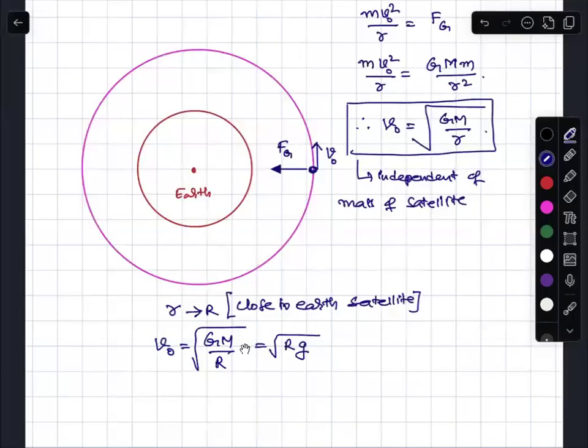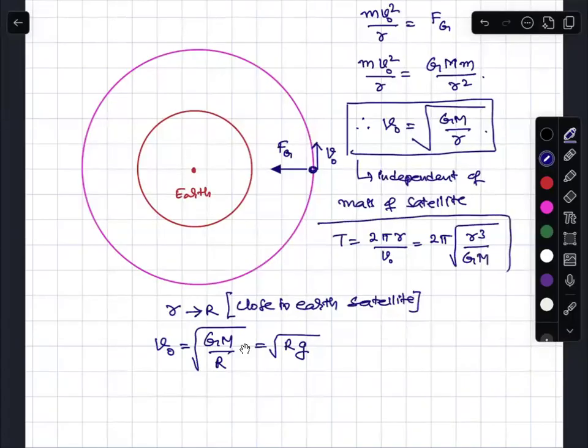As the radius keeps increasing, speed keeps decreasing. What about time period? Time period is 2 pi r by v0, so you will get this as 2 pi root r cube by GM. This is the expression for time period of revolution.